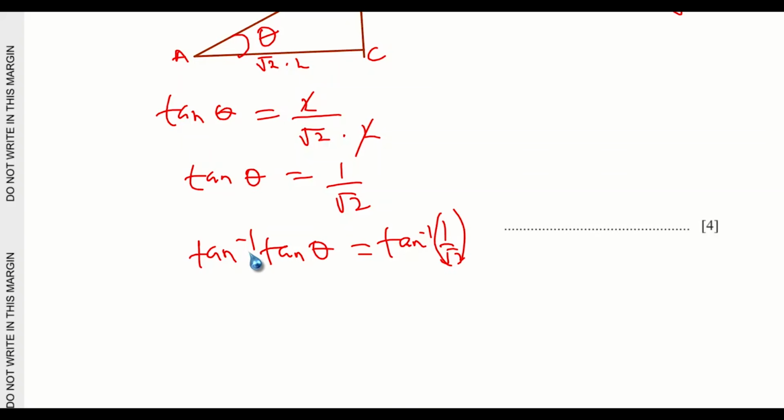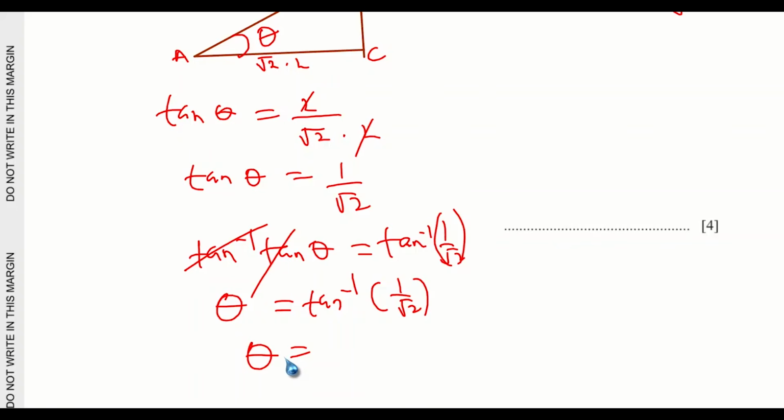Theta equals tan inverse of 1 over root 2. So if you input this into your calculator, you should get the final answer, which is 35.3, correct to 3 significant figures.